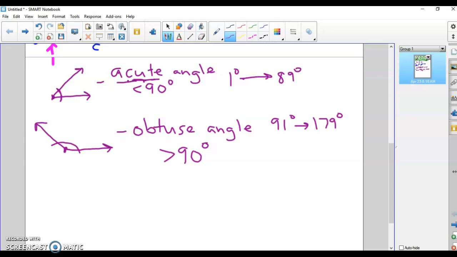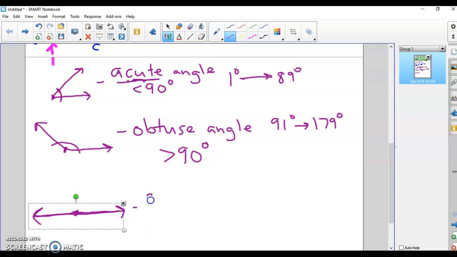And the last angle that we need to concern ourselves with, probably the easiest angle to remember, has one endpoint made up of two rays, that one endpoint in the middle, but it's a straight angle. It goes on forever from those rays.